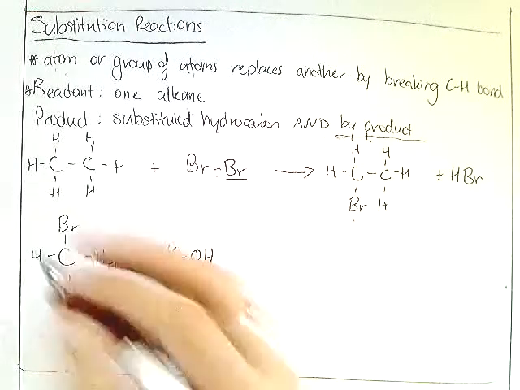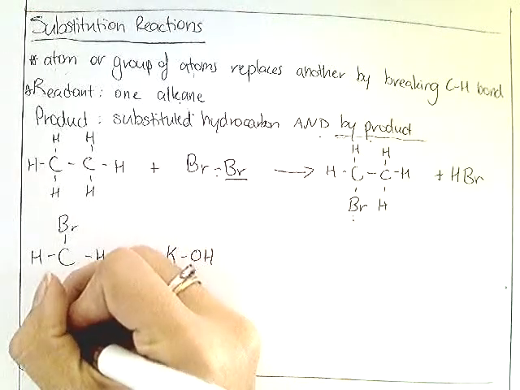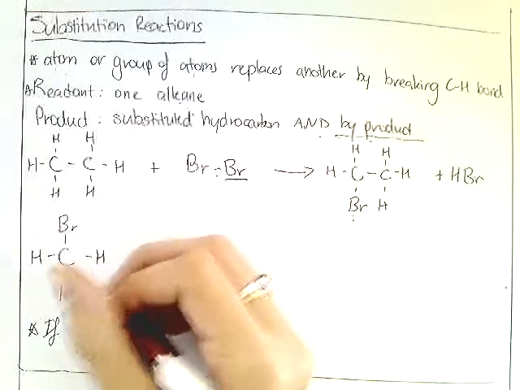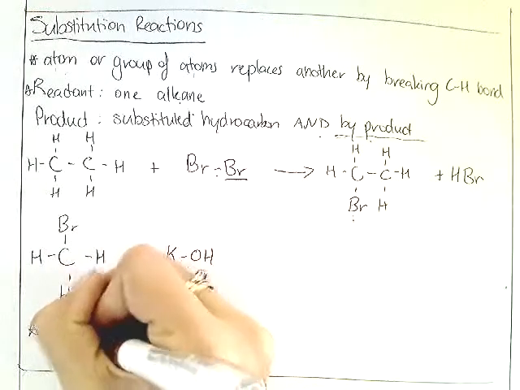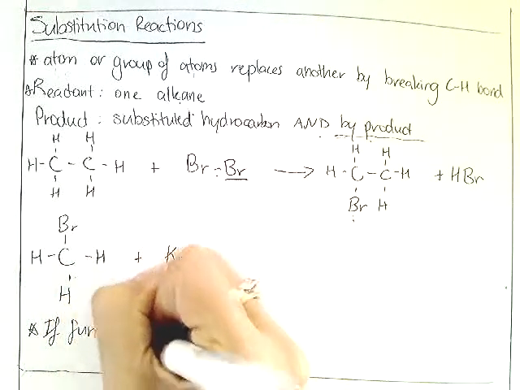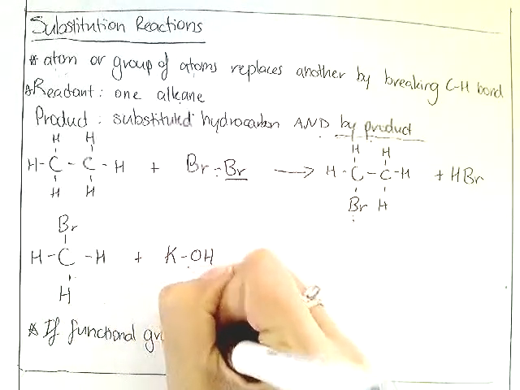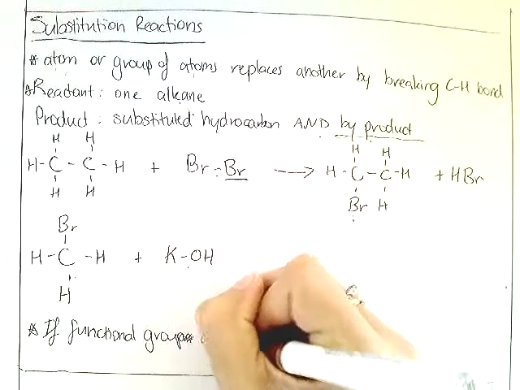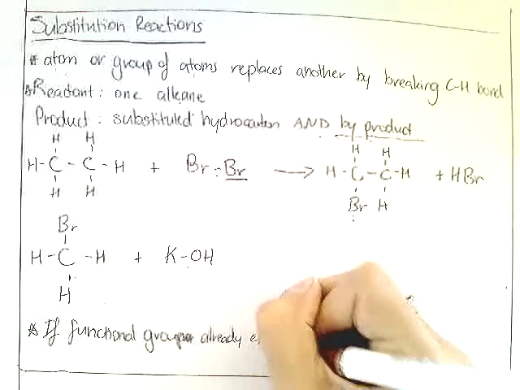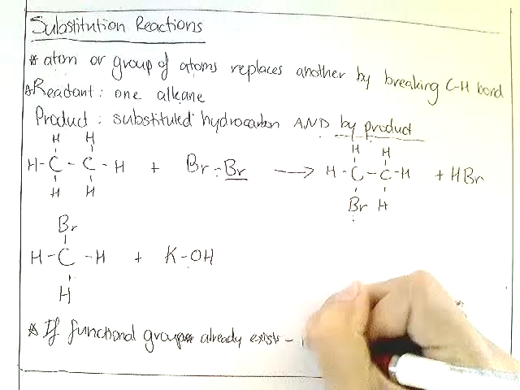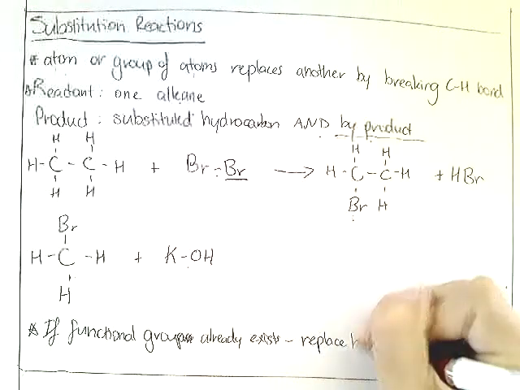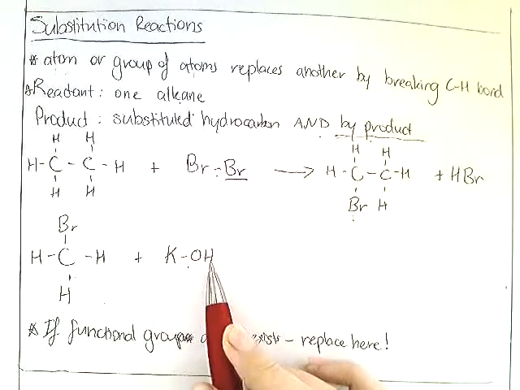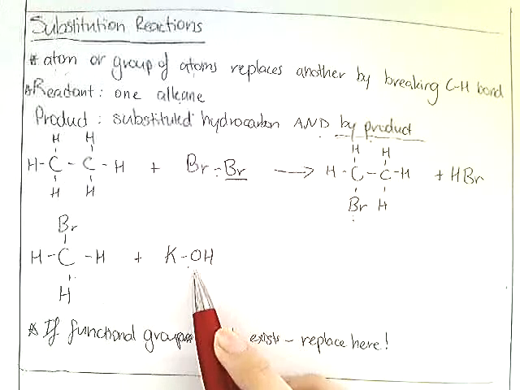So the rule for this is if a functional group already exists, then you will replace that before the hydrogen group. So I'll just write that here. And then regarding this part, the second part of our molecule is always added first.